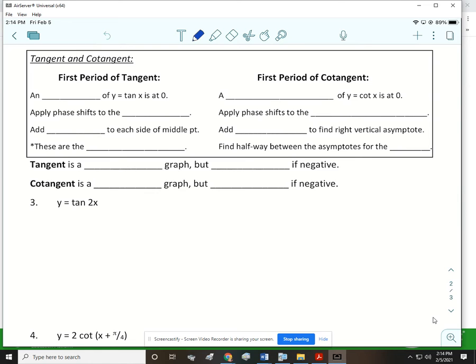All right, so for tangent and cotangent, if you guys noticed, most of our periods begin at 0, like the basic one, but tangent isn't like that. For tangent, the middle of the graph, or the x-intercept, is what's at 0. So it's the middle of the period.